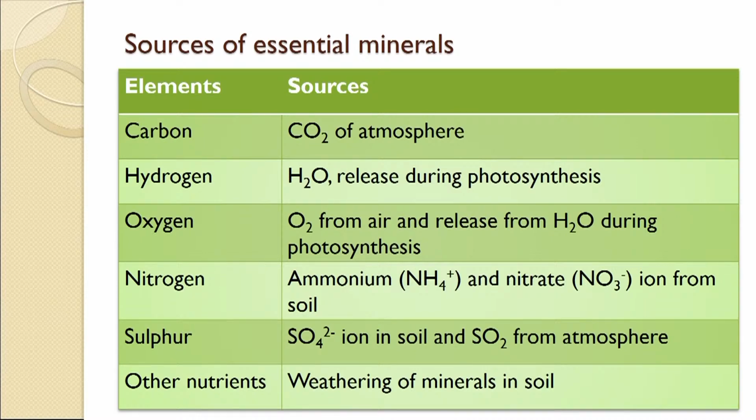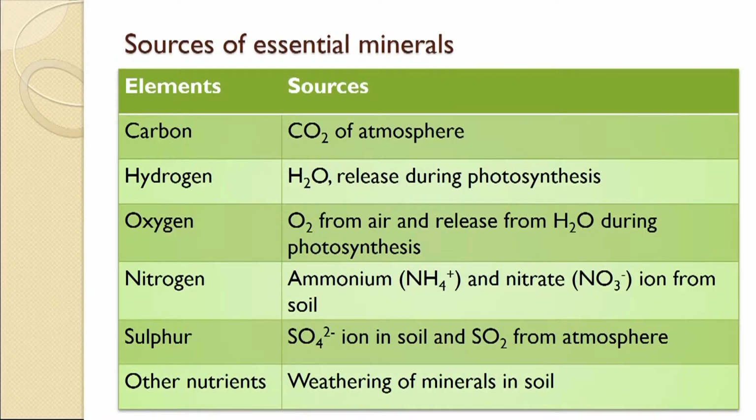And then comes the source of sulfur. Sulfur is taken up as sulfur dioxide from the atmosphere through the stomata of the leaf. Also sulfur is present in soil as a sulfate ion, and the plant root is able to take up this nutrient.